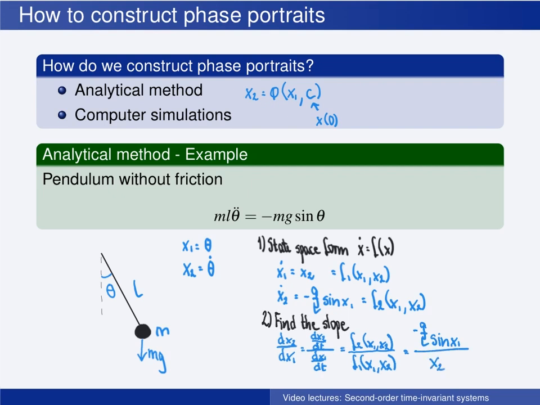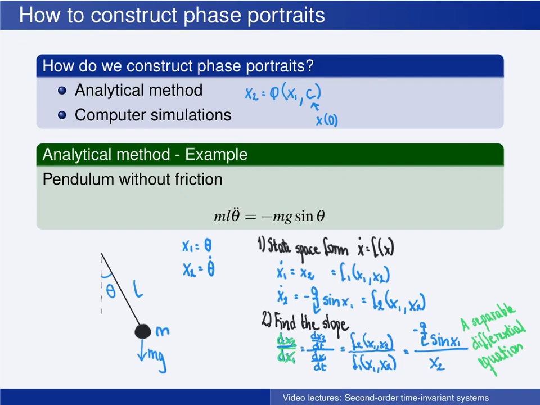Notice one thing, and this is what makes it possible to use the analytical method for this system. Notice that this equation for the derivative of x2 with respect to x1 is a separable differential equation. And hopefully you remember from calculus how to solve this.